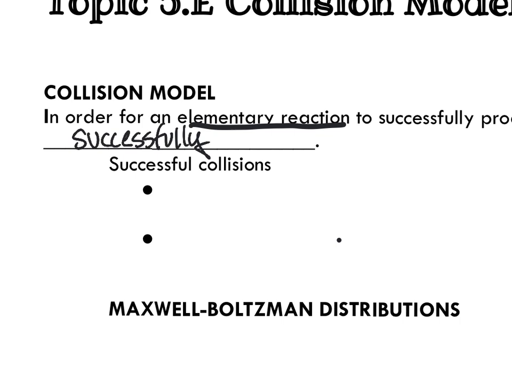In order for these particles to collide and actually stick, what we're assuming here is that they collide, they form almost like an intermediate we call a transition state, and then they break apart into the new products. So they collide, rearrange, break apart, new products.